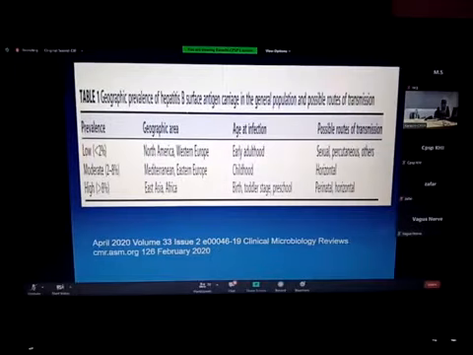Within the geographical prevalence of hepatitis B, the low prevalence, less than 2% in North America and Western European countries, the burden is primarily in early adulthood. This is because of sexual and percutaneous transmission due to IV drug abuse and use of contaminated needles.